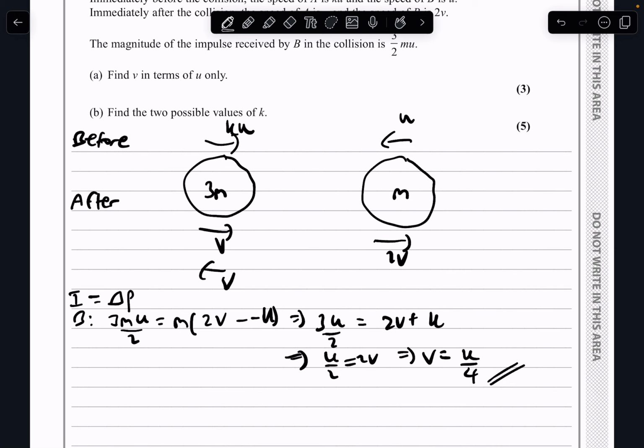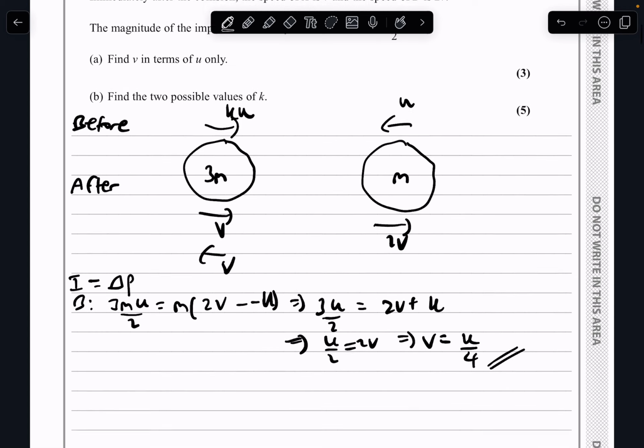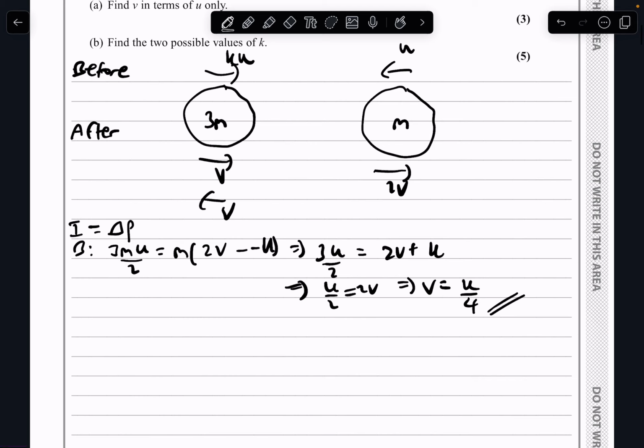Reasonably straightforward, that one. B, find the two possible values of k. Now, k is the speed before in A, and we need to use essentially the same properties, but on A. Because A can have two different directions, and if you consider both of those, you're getting the marks for it.